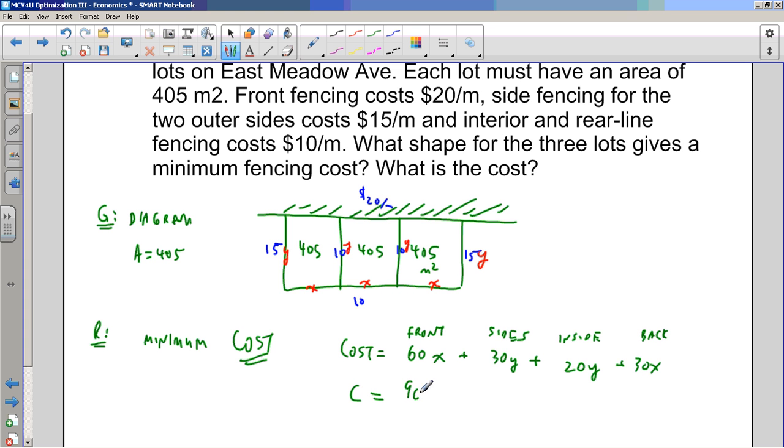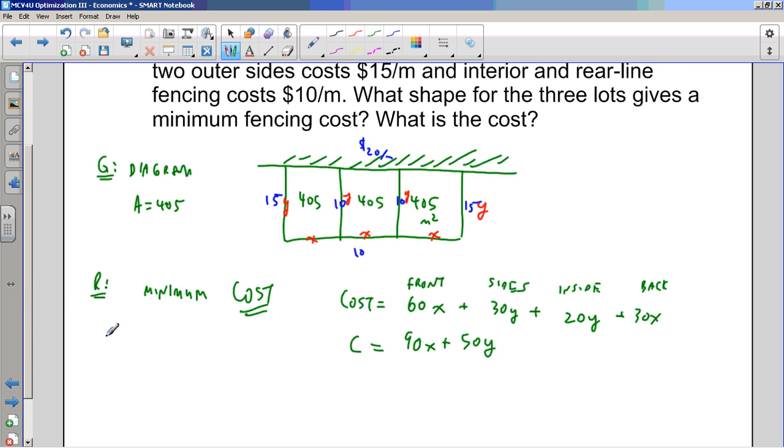And I got 90X plus 50Y, but I'd like to take the derivative, right? The minimum occurs when the derivative is equal to 0, but I've got two variables still here. Well, how do I get rid of one of them? There's all sorts of different things. I haven't used that yet, right?